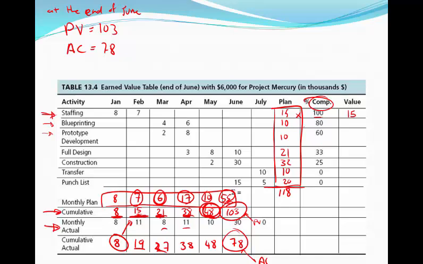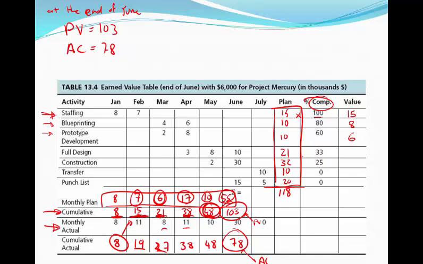For the next activity, the blueprint, the planned cost is $10,000, and we've completed 80% of that. Therefore, the value we've gained on this activity is $8,000 of value. Next activity, prototype. Cost is $10,000. We've completed 60%. Therefore, the value we've gained so far is $6,000.